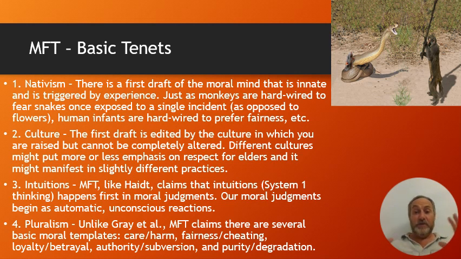Expose them to a snake once, they have one bad snake experience, and that's it. They hate snakes. And it does seem like something like this happens in humans. We've seen some of that evidence in child development, that human infants do seem to be hardwired to prefer fairness, and to prefer helpers as opposed to harmers and things like that. It's a nativist theory. It thinks morality is innate.